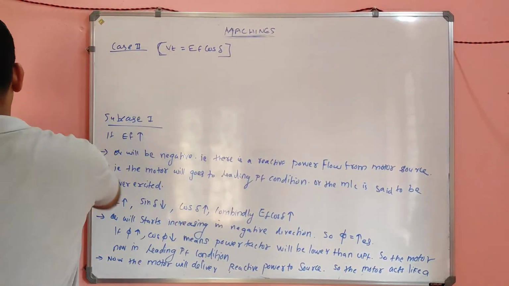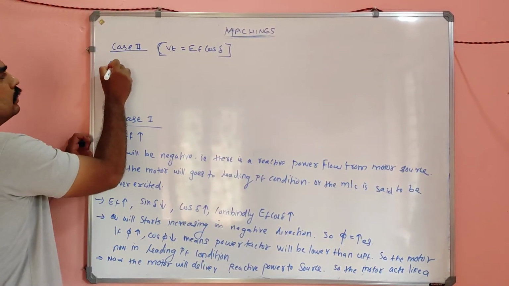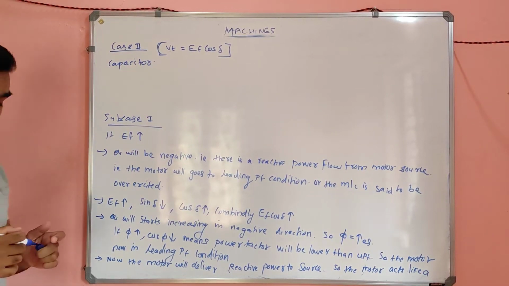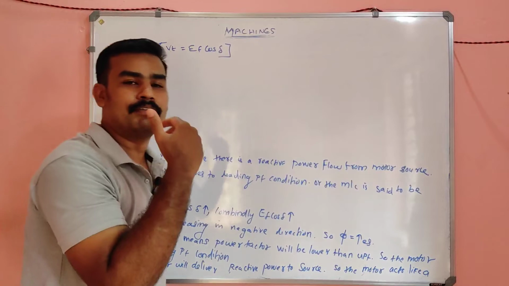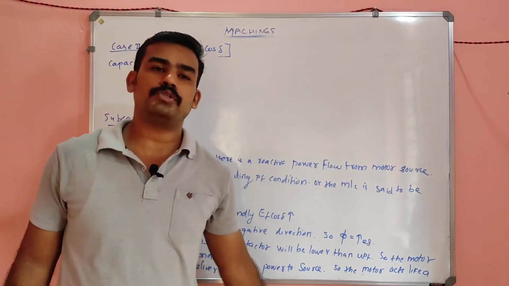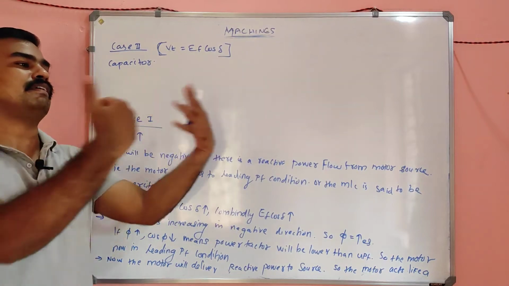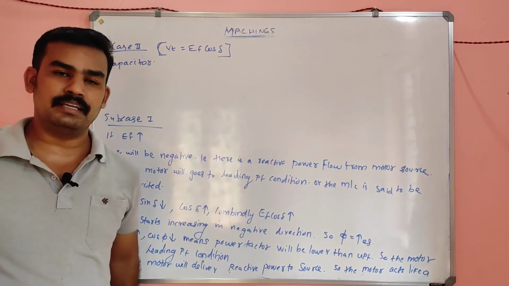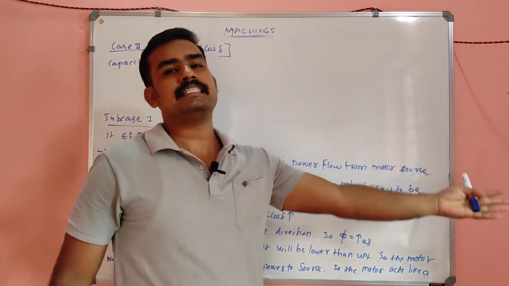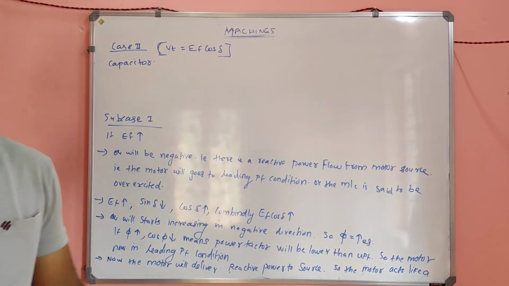So the motor acts like a capacitor, because only in a capacitor is there a reactive power flow from the capacitor to the source. The capacitor only will supply the reactive power, my dears. Inductor will absorb the reactive power and the capacitor will supply the reactive power. That's all.